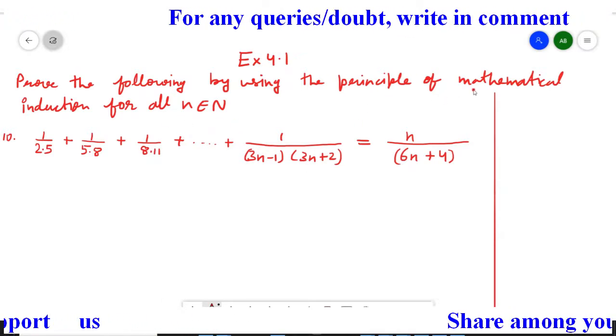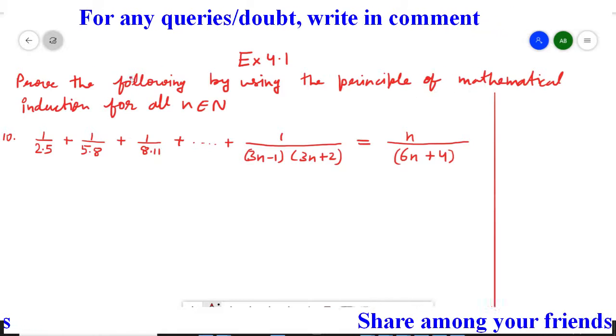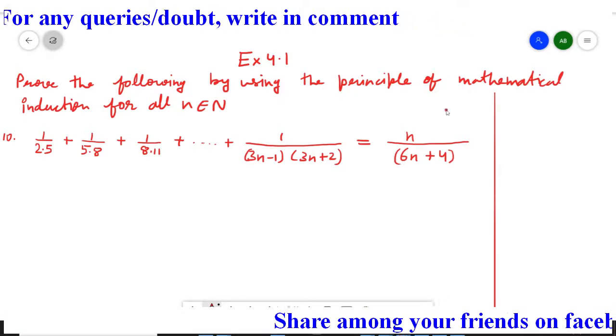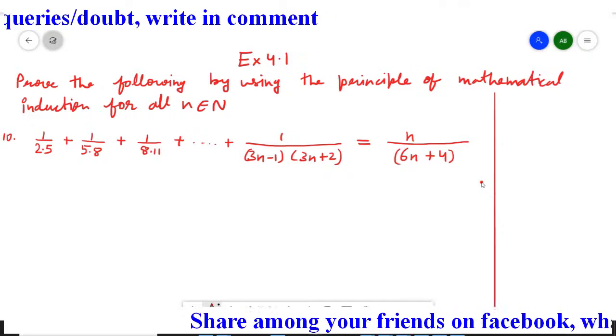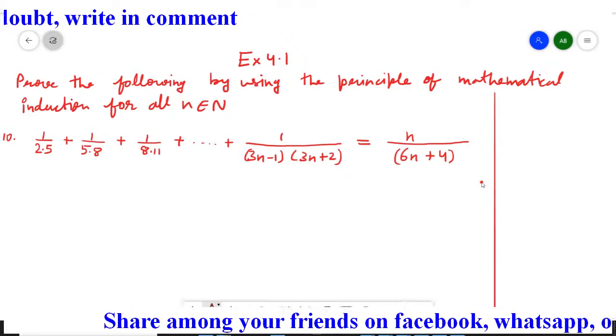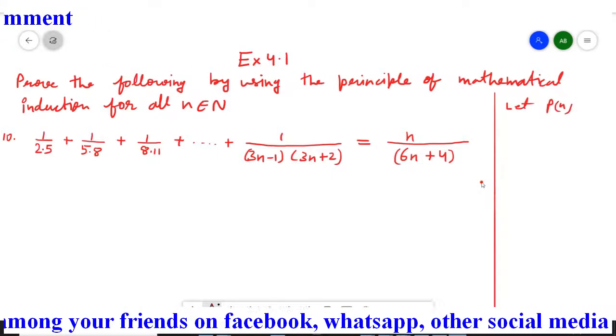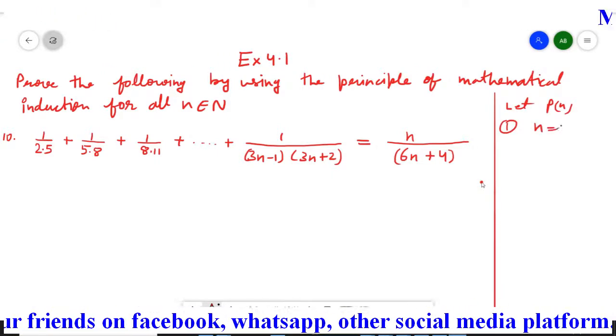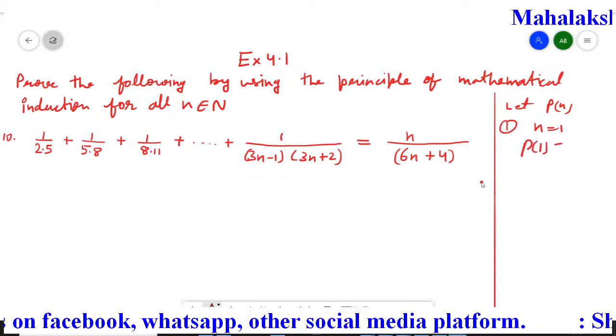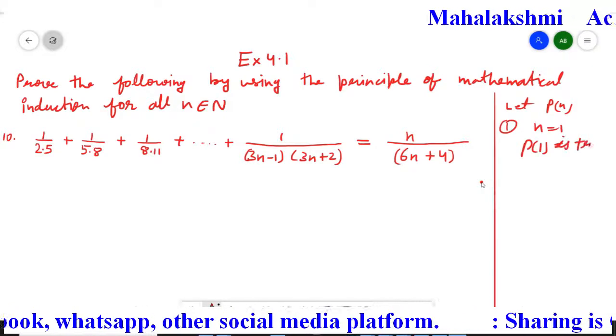So the principle of mathematical induction is mainly based on three steps that I am writing here. The first step is, we assume that the mathematical statement is Pn, and for n equal to 1 we have to prove that P1 is true.